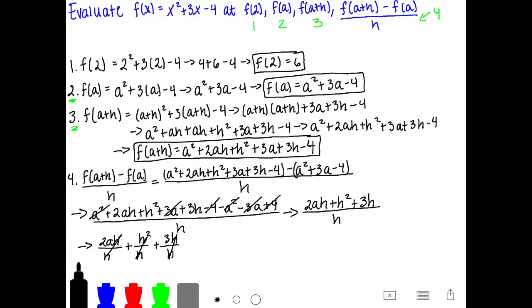So you're left with 1h, and then cancel out the h's for the 3. And now you're left with 2a plus h plus 3. And your final answer will be written as f of a plus h minus f of a, over h, equals 2a plus h plus 3. And that is your final answer.